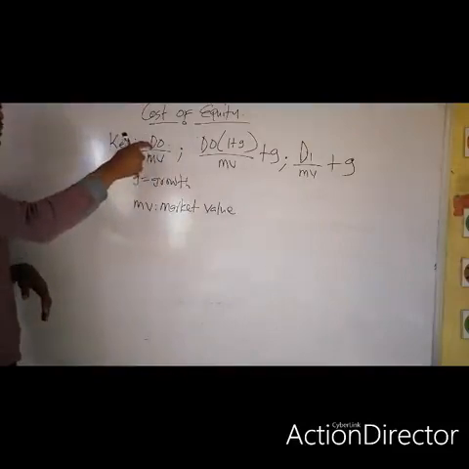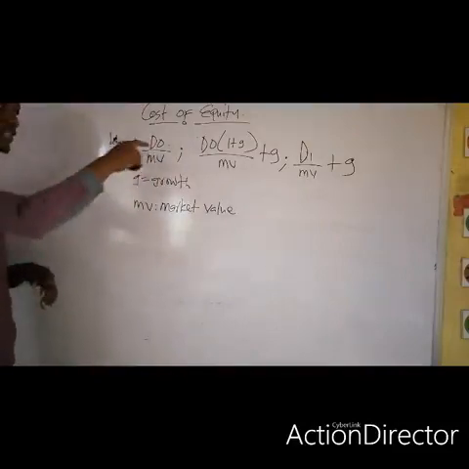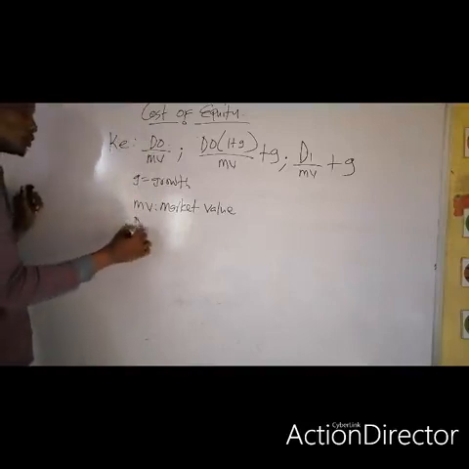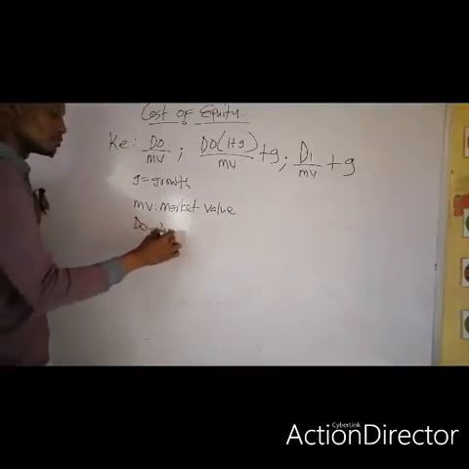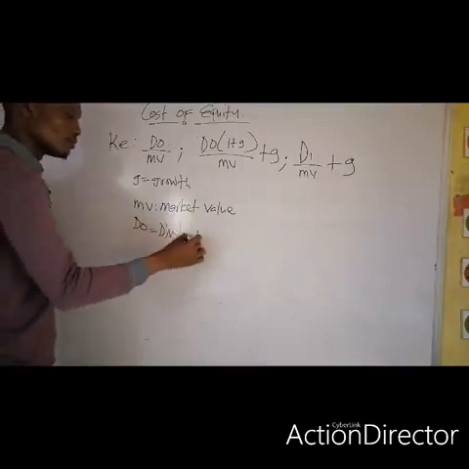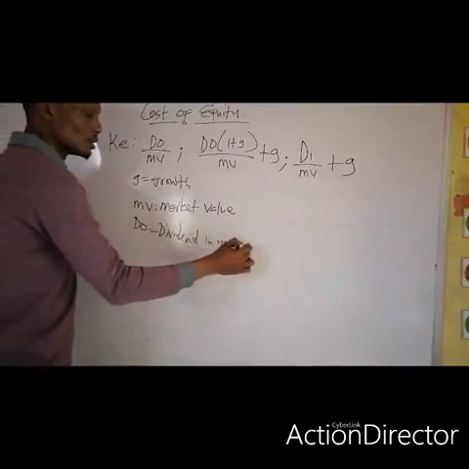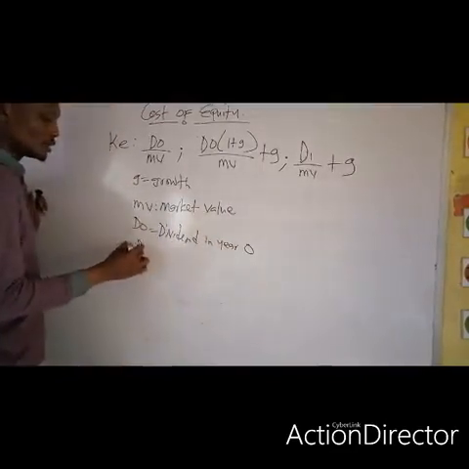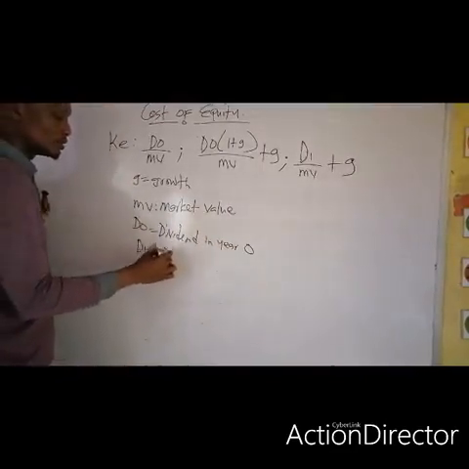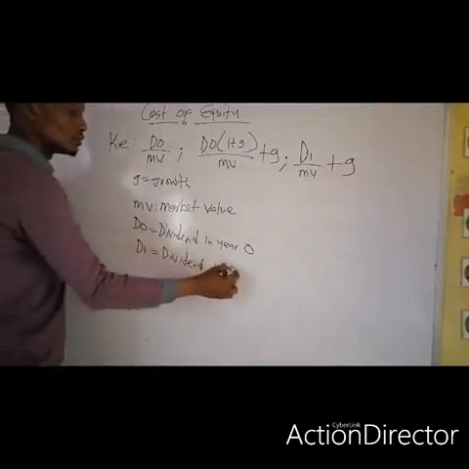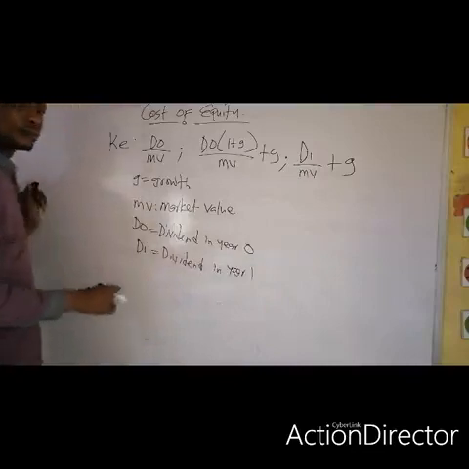D0 is the dividend in year 0, or dividend now. D0 is equal to dividend in year 0. While D1 is equal to dividend in year 1.